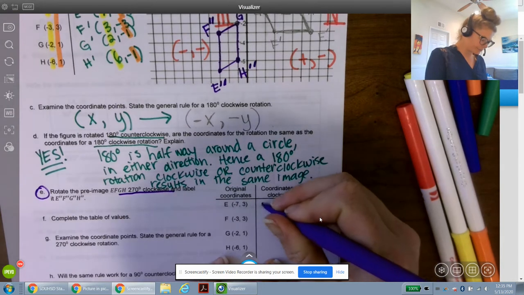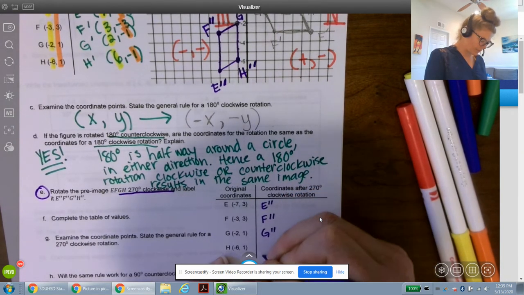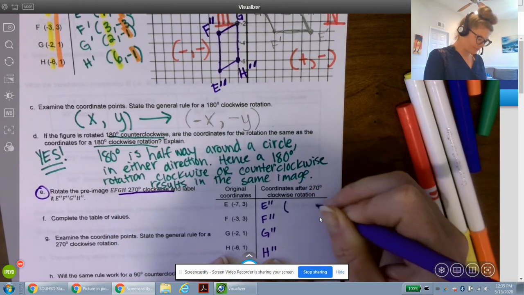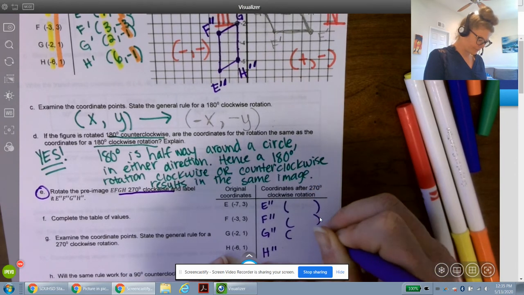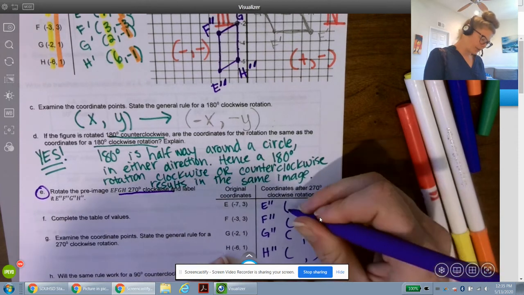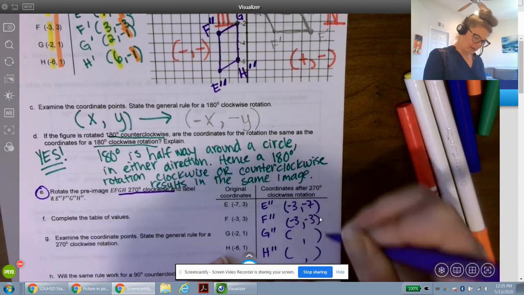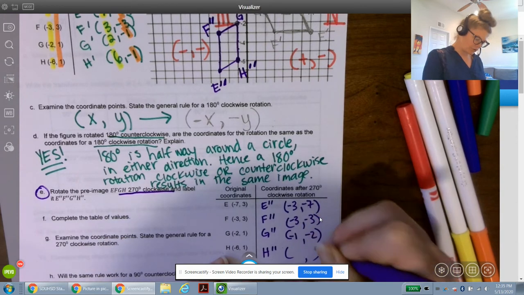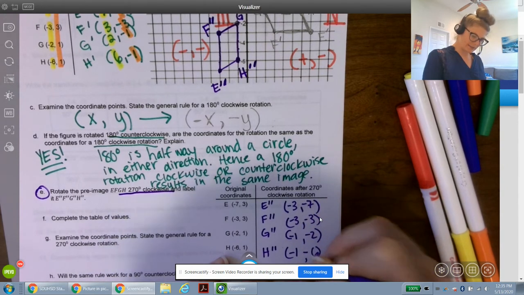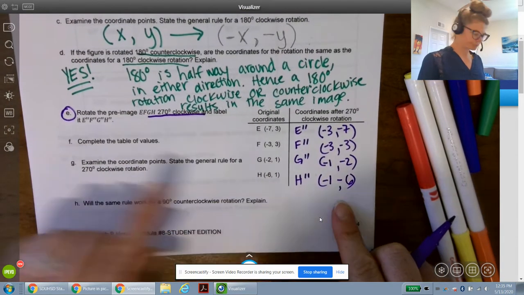Cool, so taking a look, we have E double prime, F double prime, G double prime, and H double prime. And we ended up with -3, -7, -3, -3, -1, -2, and -1, -6. Awesome. So you filled in your table.